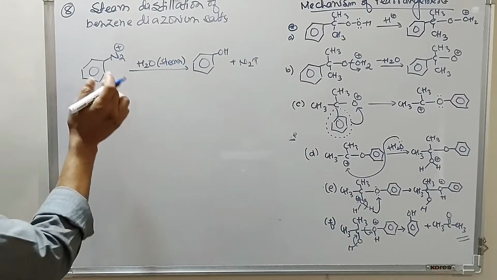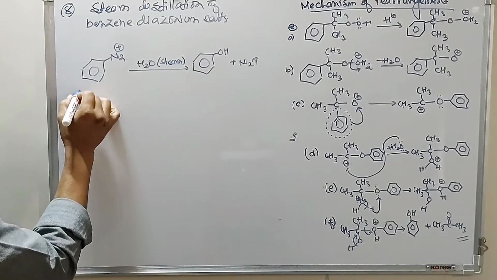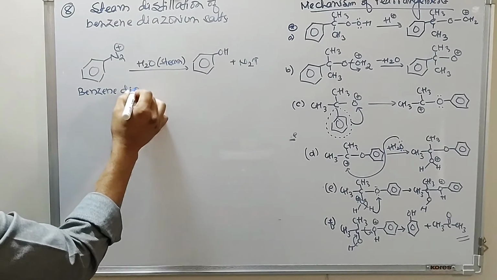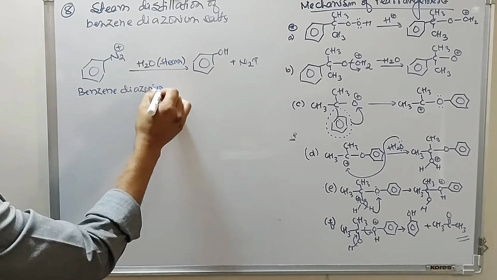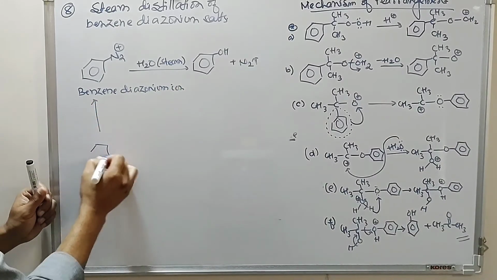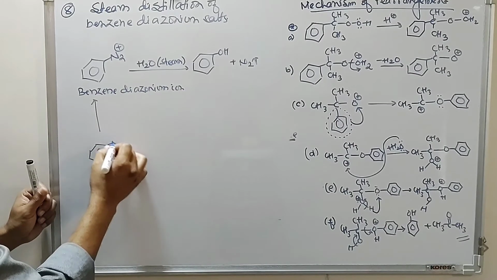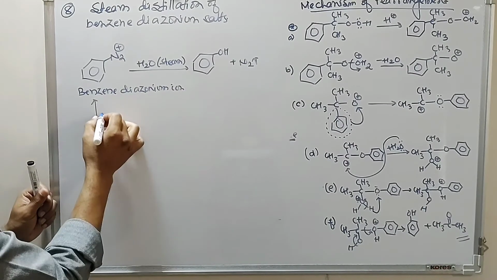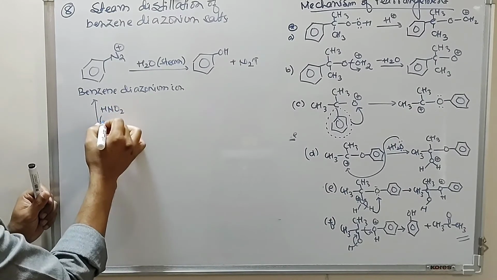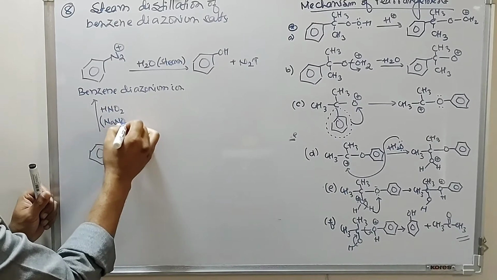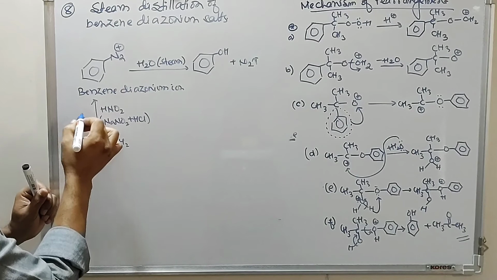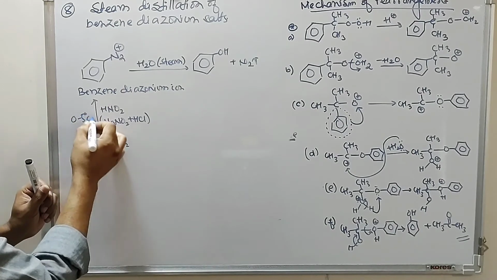Now this benzene diazonium ion can be prepared from aniline by reaction with nitrous acid, or a mixture of sodium nitrite plus HCl between 0 to 5 degrees centigrade.